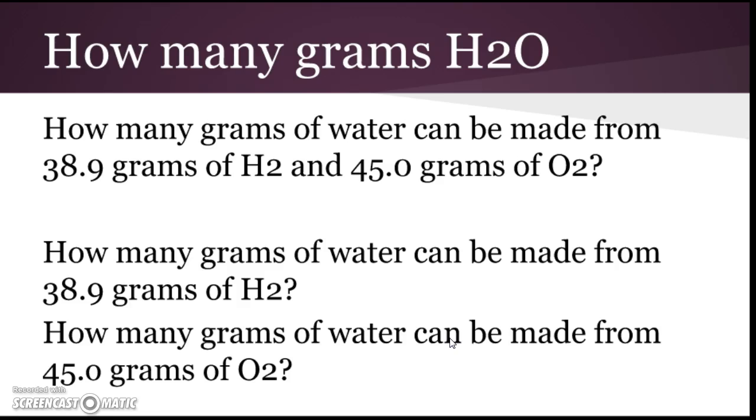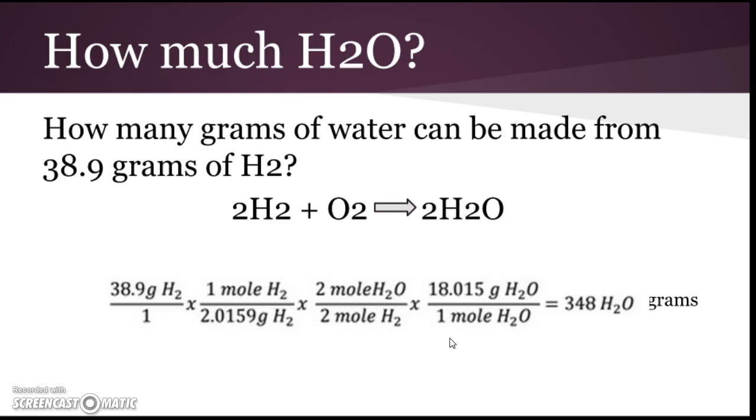How many grams of water can be made from just the 38.9 grams of hydrogen, and how many grams of water can be made from 45 grams of oxygen? And then whichever number is smaller is the amount of water I can actually make. We've done these problems before, so this is just a little review.